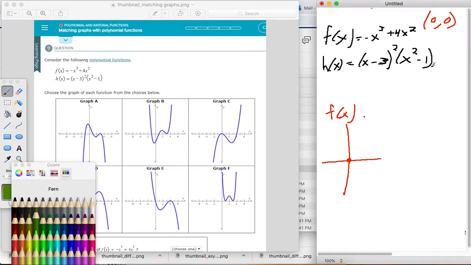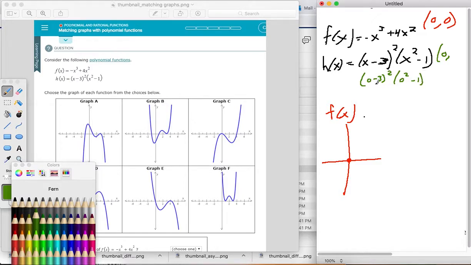And so if you try h of x, it's kind of harder to find, but we can still find the y-intercepts. If you plug in 0 for x, here you got 0 minus 3 squared, and then you got 0 squared minus 1.